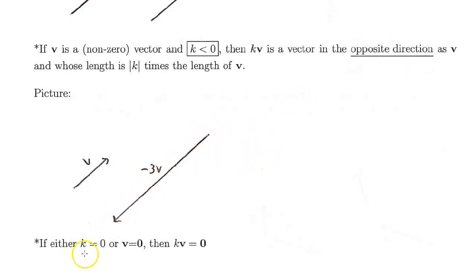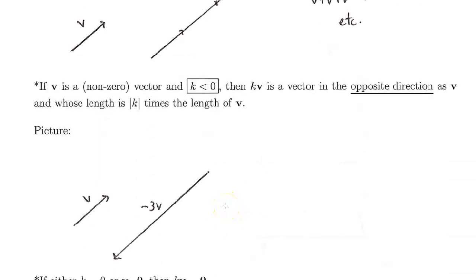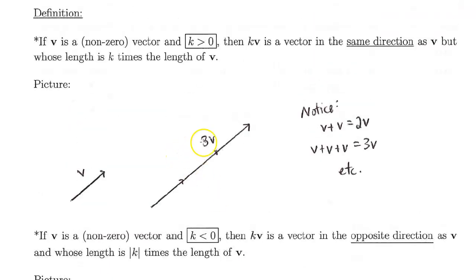Now if either k is 0, so if you multiply 0 times a vector, or if the vector itself is 0, so you could do 7 times the 0 vector, in either of those cases, if either k is 0 or v is 0, kv will be the 0 vector. By the way, with scalar multiplication, notice you're multiplying a scalar times a vector, and you end up with a vector.